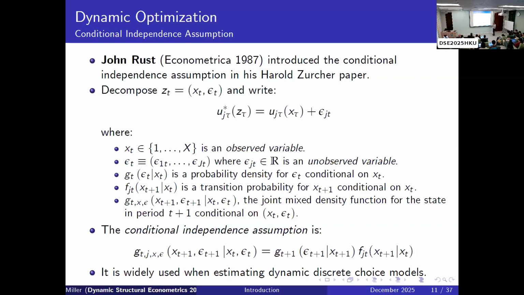And the second thing is that the epsilons don't depend on last period's epsilons either. That is the second thing, basically. I mean, the formula says it precisely. I'm giving you the intuition of what really counts. So that conditional independence assumption enormously simplifies the kind of problem that we deal with, and it's used all the time. Now, you might say, gee, is that realistic?